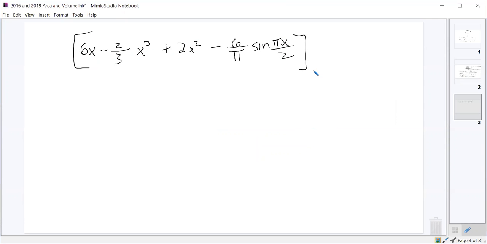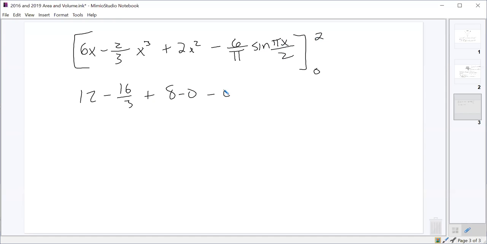And where were we evaluating? 0 to 2, is that right? Yeah. Okay. And so plugging in your 2 should give you 12 minus 16/3 plus 8. And then the sine of pi is just 0, so that's minus 0.